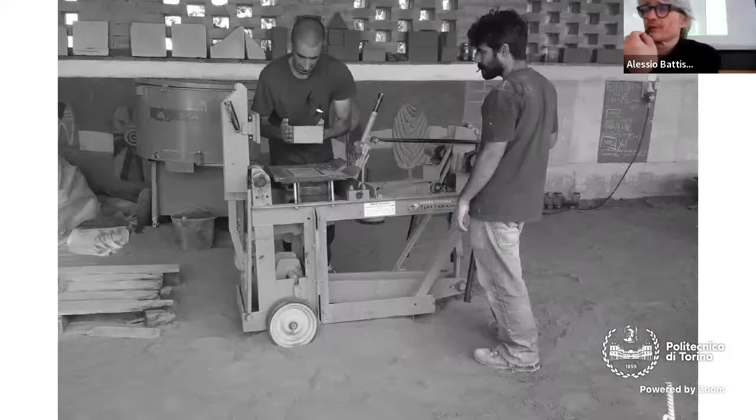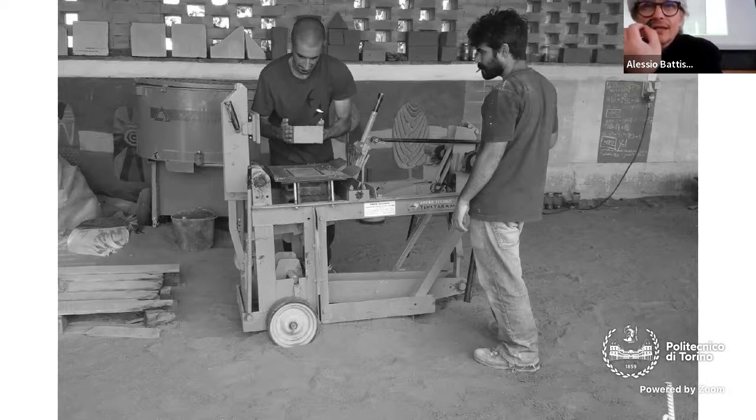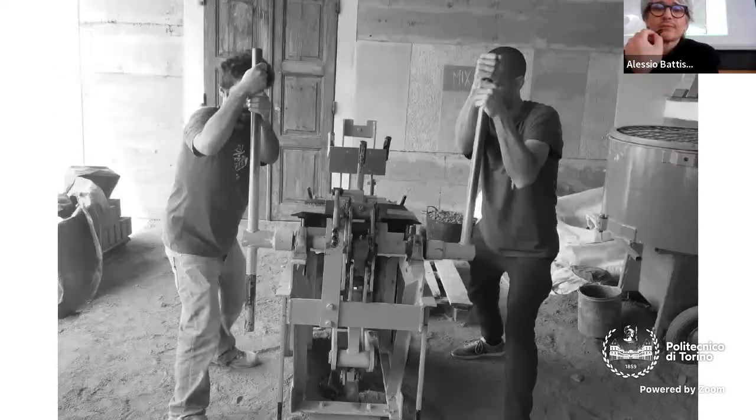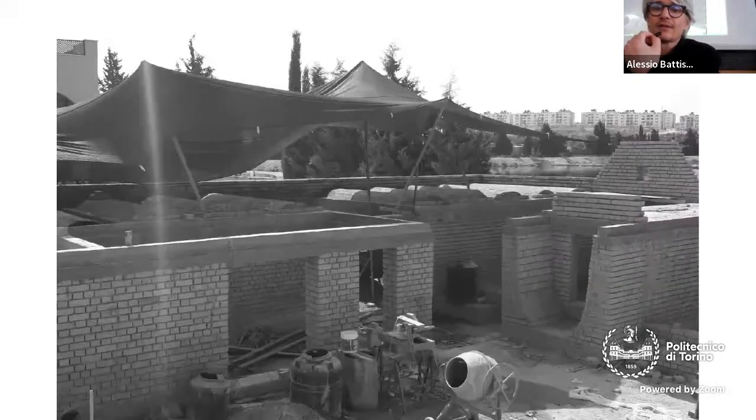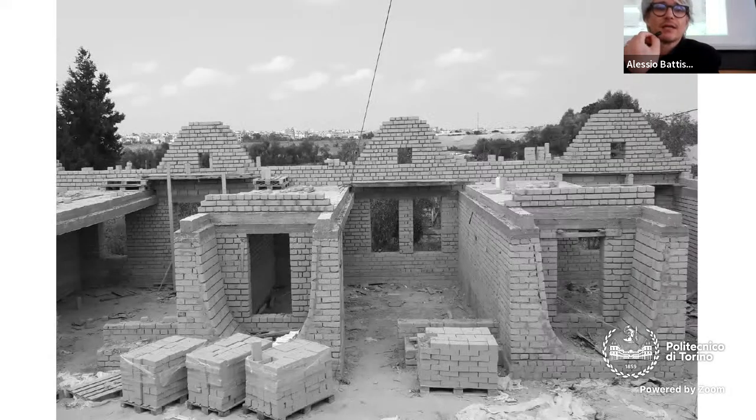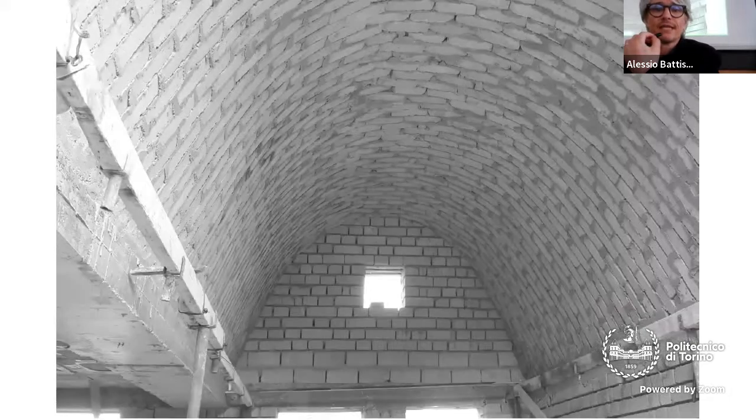These are the compressed earth blocks that we use. Basically they are earth, clay, and sand, and thanks to the pressure, you get a quite interesting increase in the mechanical resistance of the bricks. So it is quite an interesting alternative to fired bricks. This is the phase; this is the Nubian vault done.